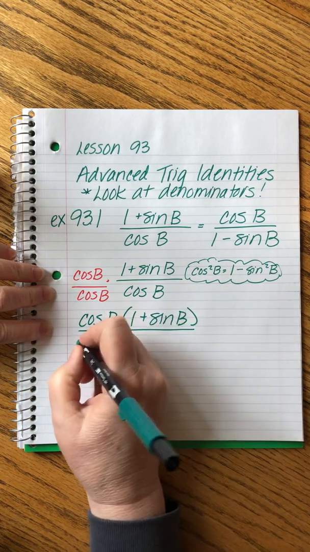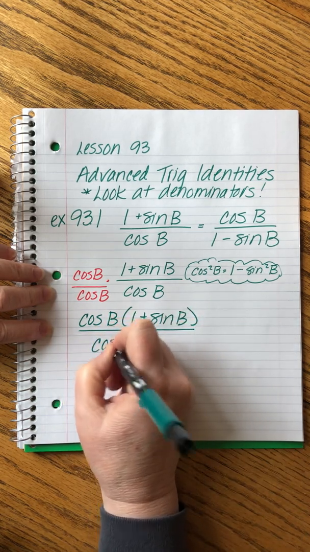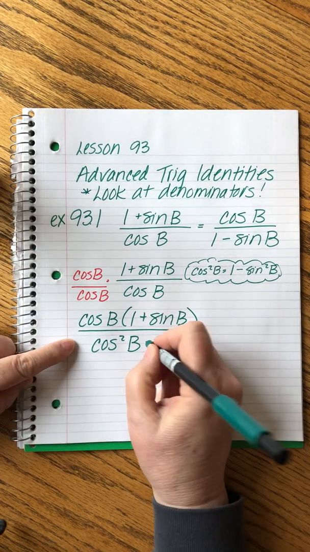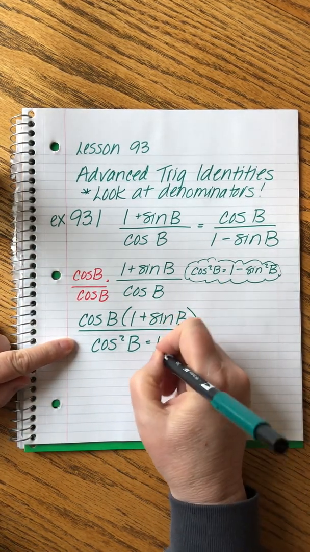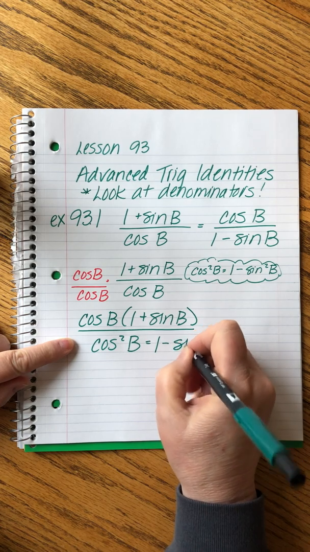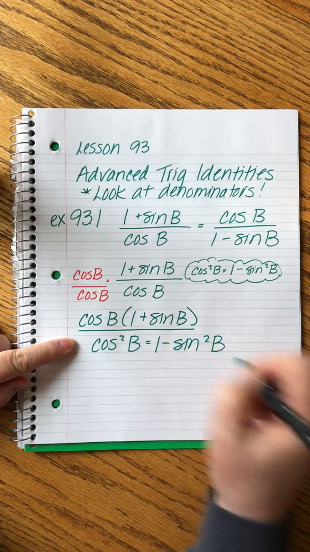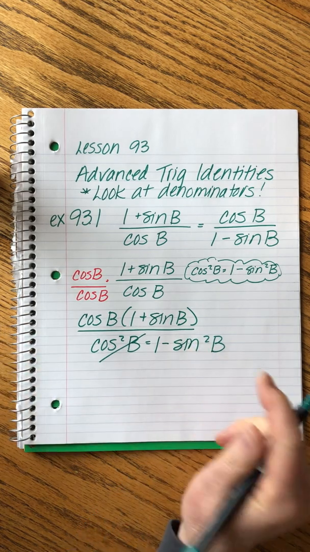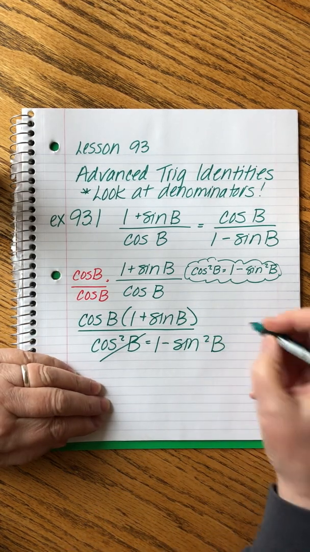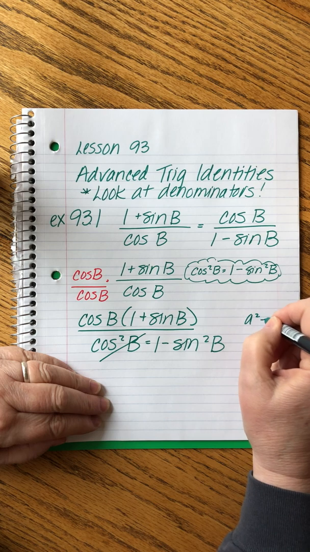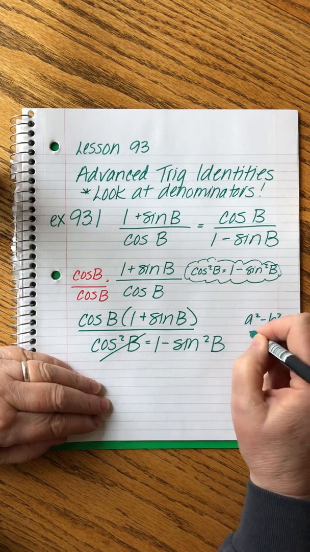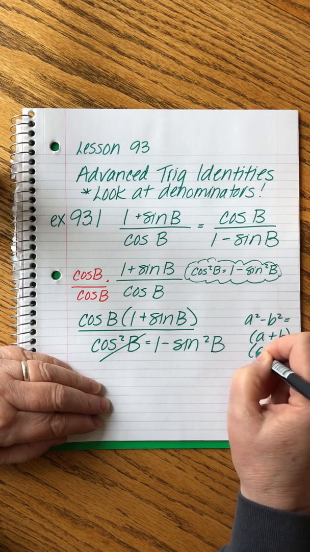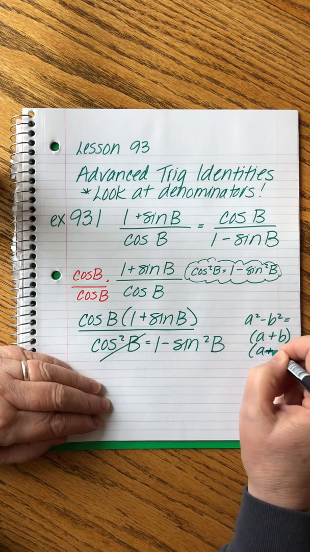This will be cosine squared b, right? And then that is equal to 1 minus sine squared b. So I'm going to substitute this in instead. Then I know, oh, this is a perfect square, and I can factor a perfect square thusly. Whoops, that needs to be a minus.